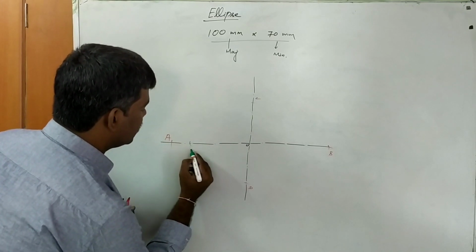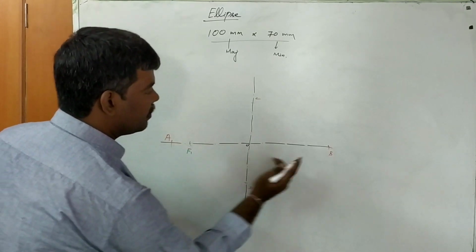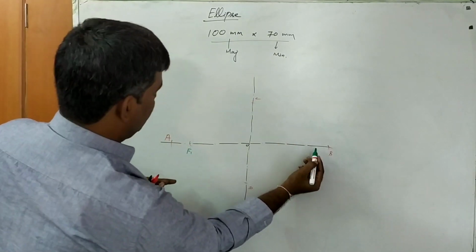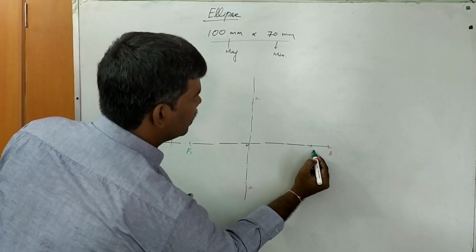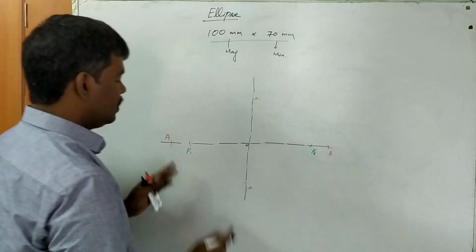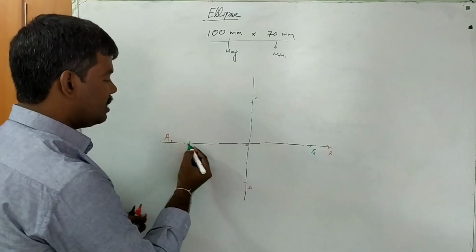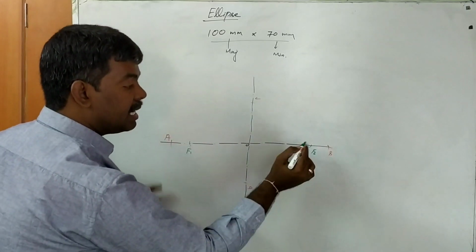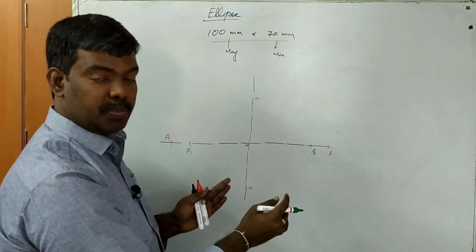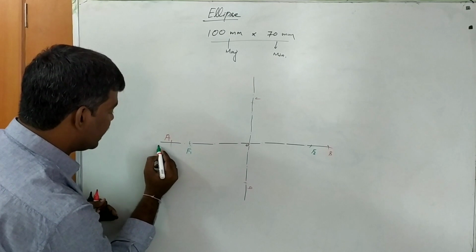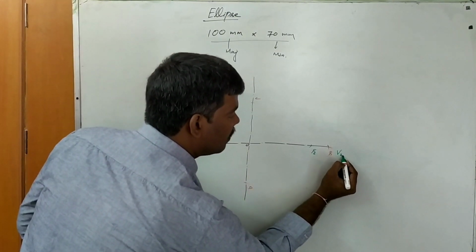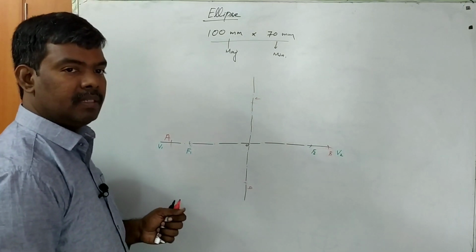This is F1, and similarly here, this one is F2. So F1 and F2 are the foci. Also, the points where the curve intersects the major axis in an ellipse are called vertices. So A is considered vertex V1 and B is vertex V2. Already you know that. Clear?